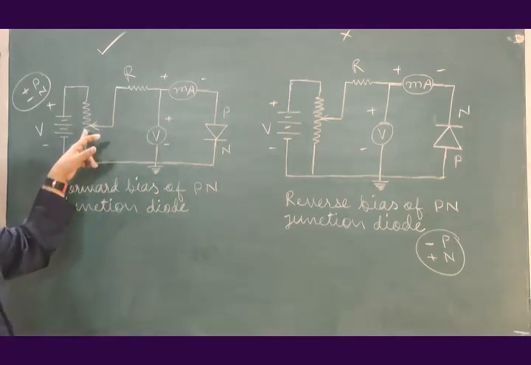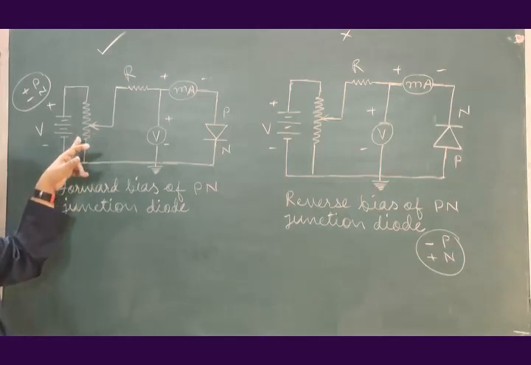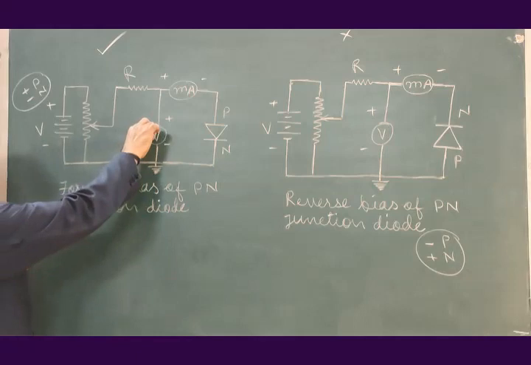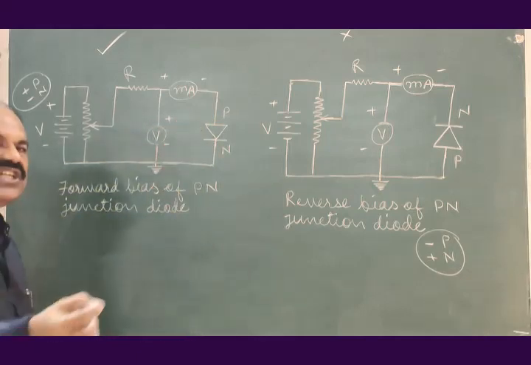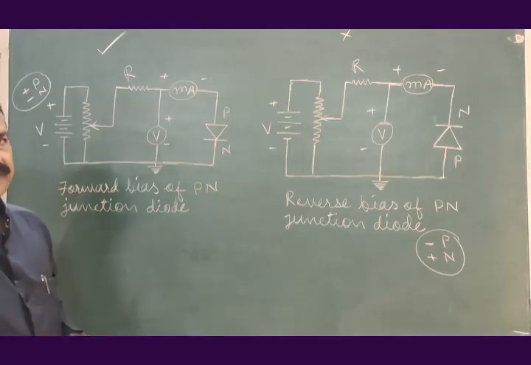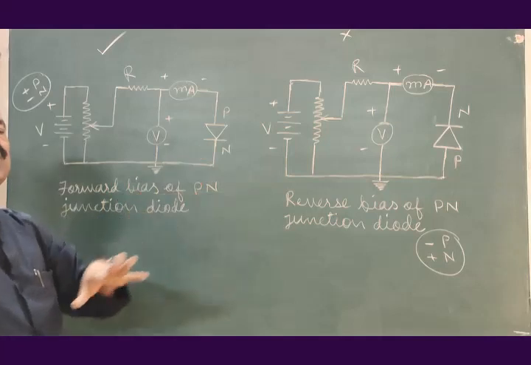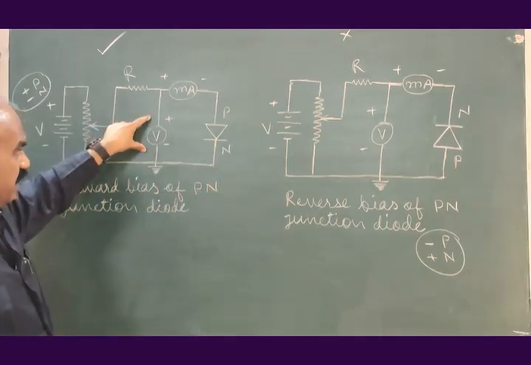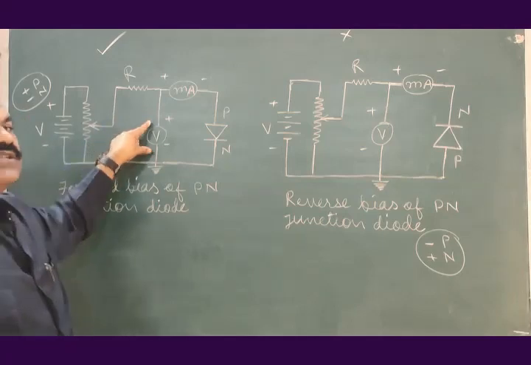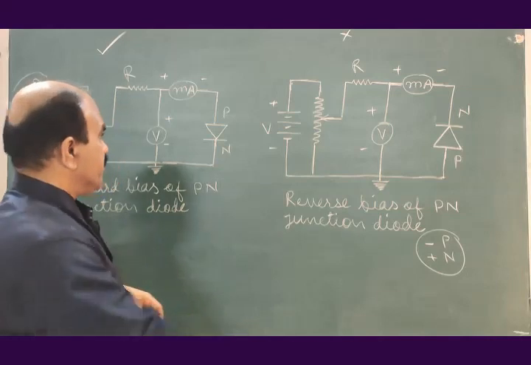You can vary the knob here, it is the variable knob. As you vary the knob, what will happen? The potential measured by the voltmeter across this diode increases slowly. Initially, this milliammeter will not show any current. This is because the voltage read by this voltmeter will be smaller than the knee voltage.